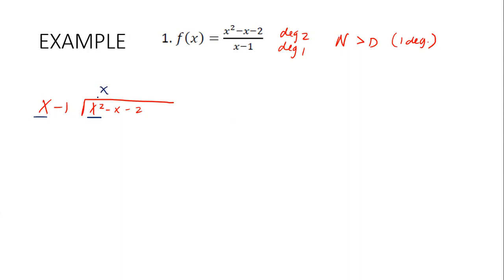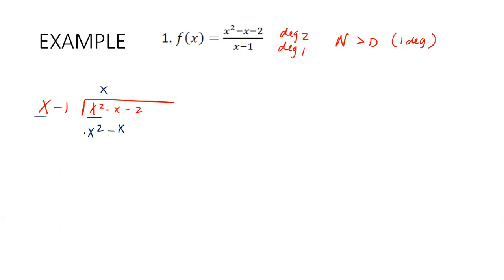After we divide, then we're going to multiply. x times x minus 1 gives me x squared minus x. The negative x has nothing to do with the degree. The degree is strictly based on the highest power.